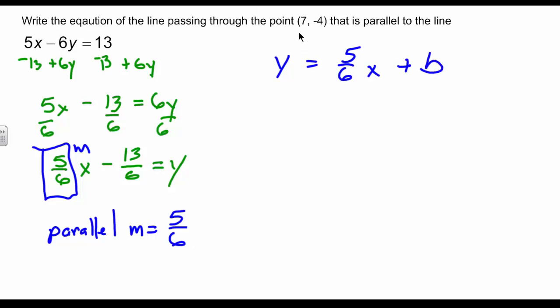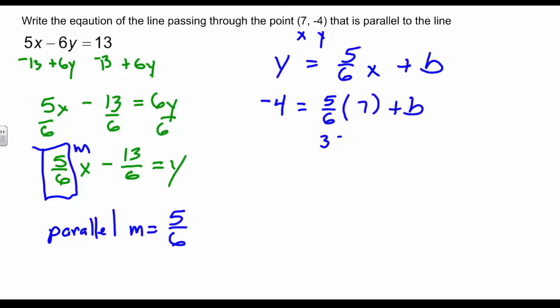And once again, I have an x value and a y value. And I'm going to go and plug those in. So I have negative 4 is equal to 5/6 times 7 plus b.